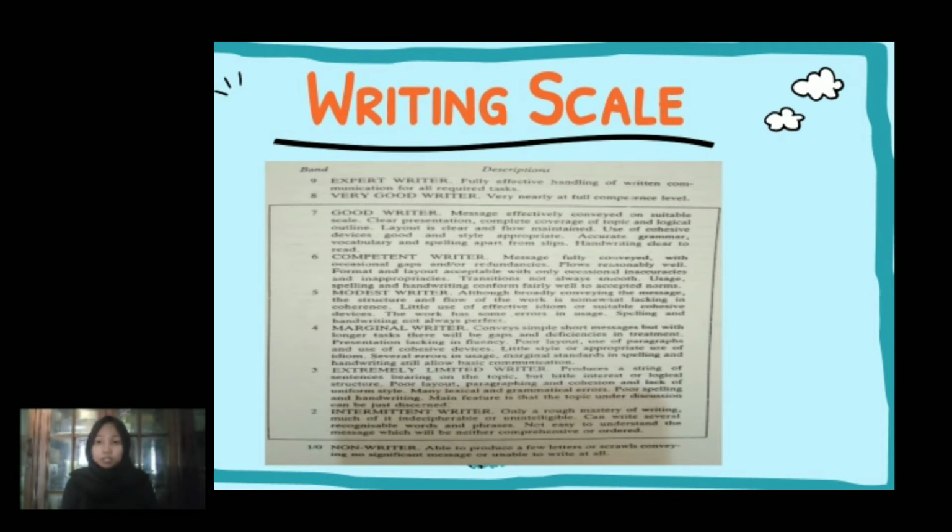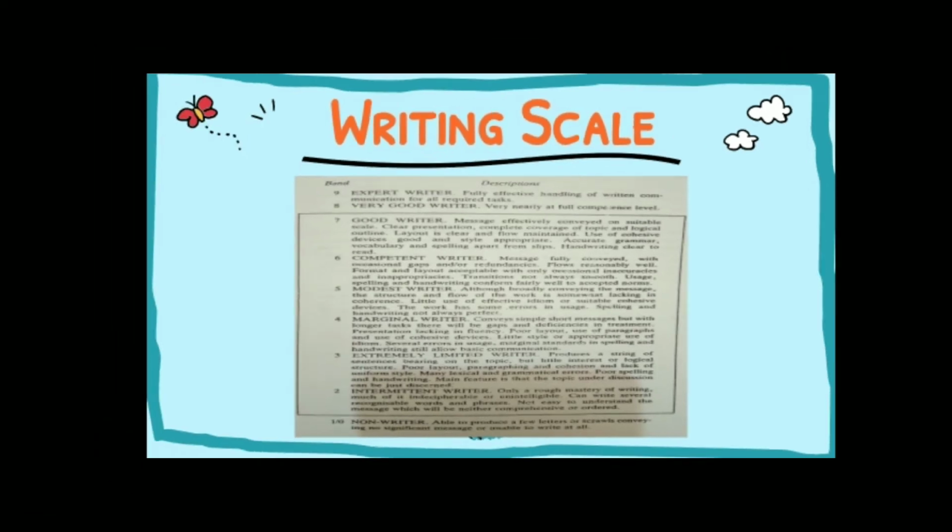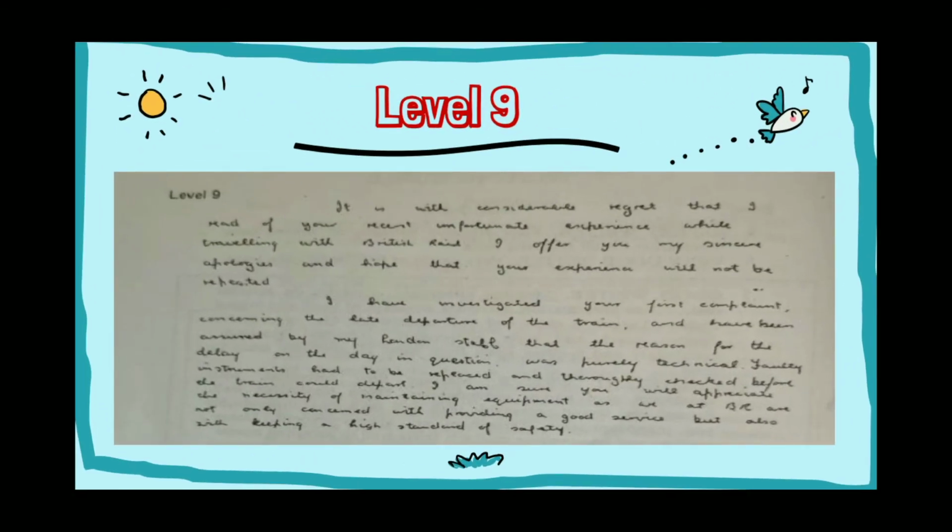Level 1 or 0, non-writers, able to produce a few letters or scrawl conveying no significant message or unable to write at all. Here is the example of writing that will be scored by using the scoring rubric of Brown 2007.